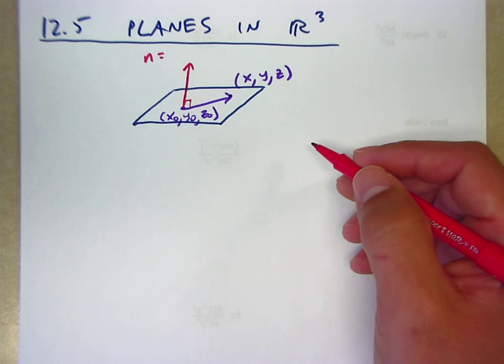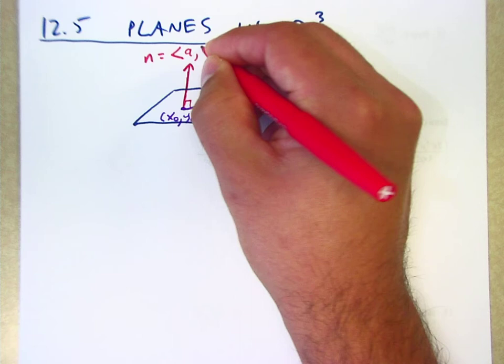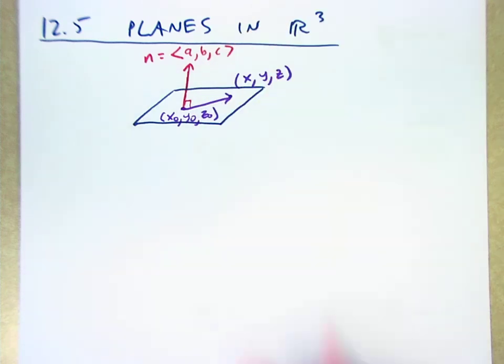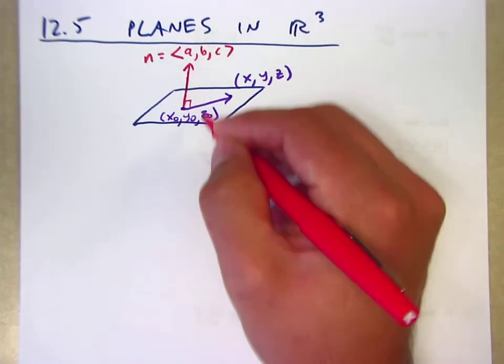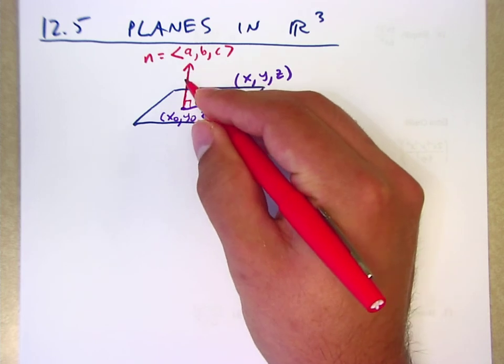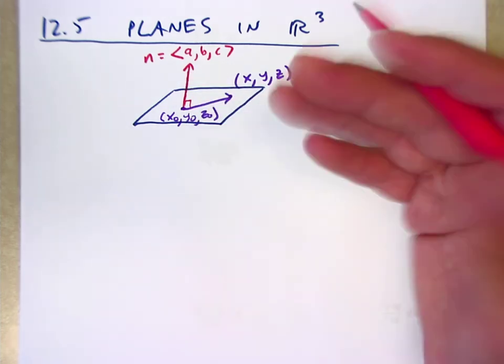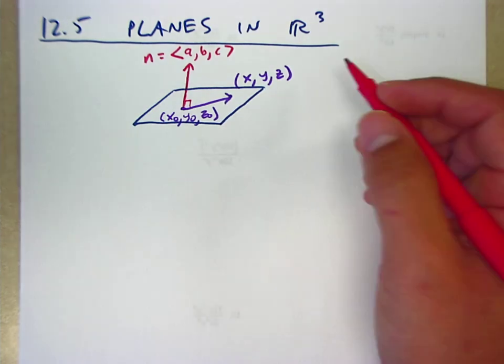That would be the word that we use when we're talking about planes. Let's say that normal vector has components A, B, and C. Really any vector on the plane is going to be orthogonal to the normal vector because it's normal to the plane. So any vector on the plane must also be perpendicular.